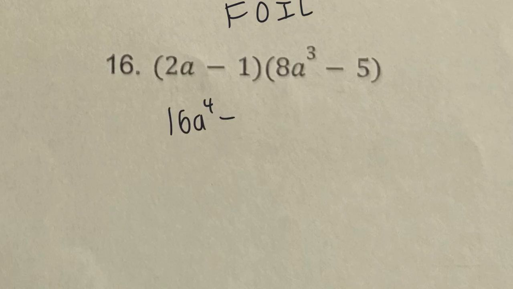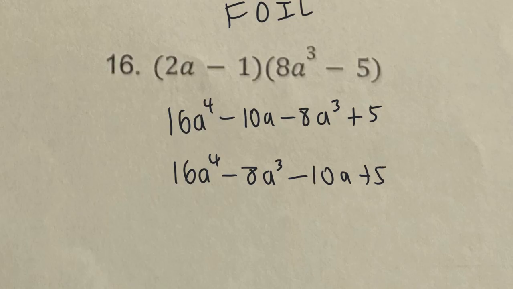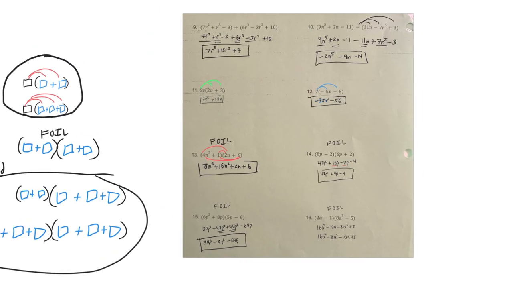Outer times outer would give us negative 10a. Inner times inner would give us negative 8a cubed. Last times last would give us a positive 5. Now, if we want to have good manners, maybe rewrite this in descending order of exponents. Okay, so that's that. Is that everything? Yes, it is. Okay, keep going.